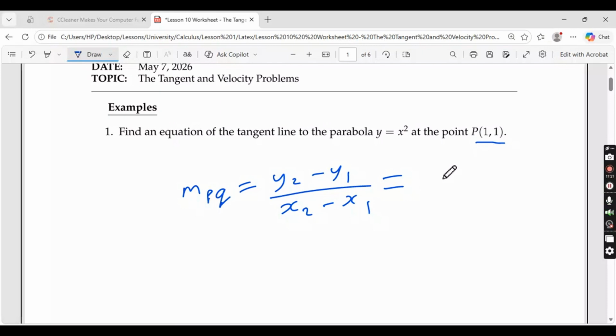Next, we've already been given 2 points. We can say y2 minus y1 over x2 minus x1. And now we need to find other points to work with.